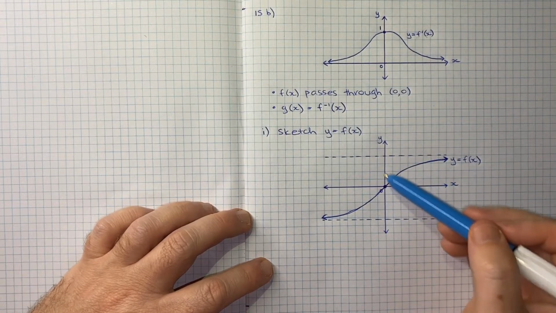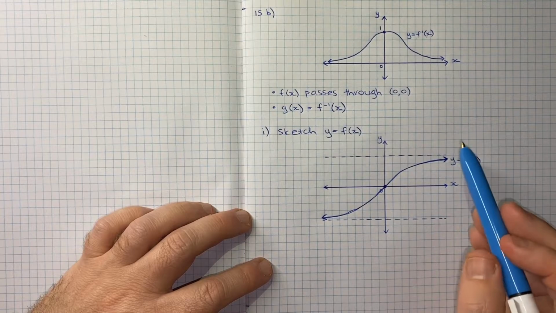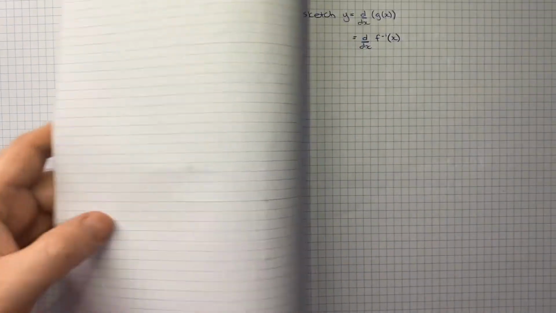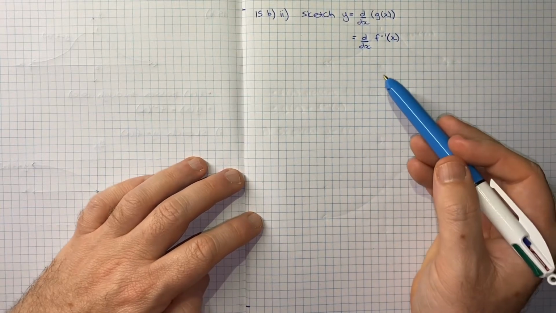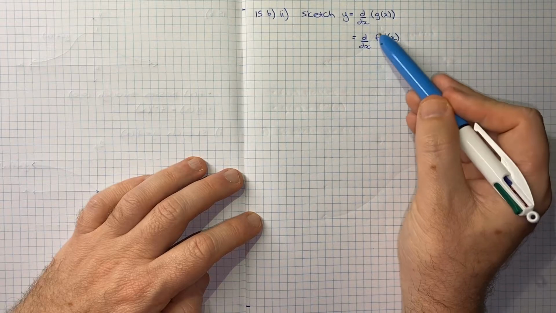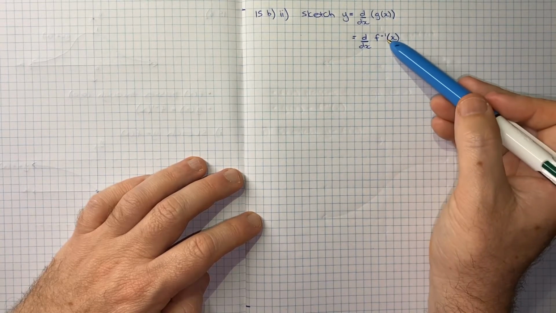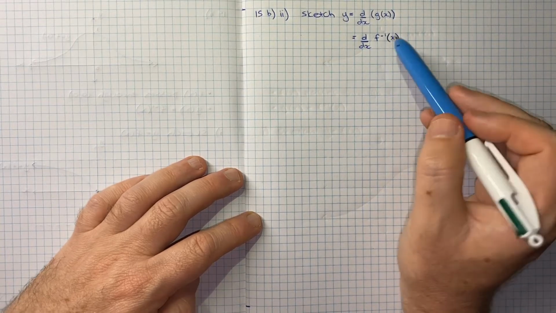We don't know exactly the values, but we know in general the shape. Well, I think we can tackle this derivative of the inverse in 2 steps. I think it makes sense to first sketch up what the inverse would look like, and then from that sketch work out what the derivative of that inverse would look like. So that's what we'll do.